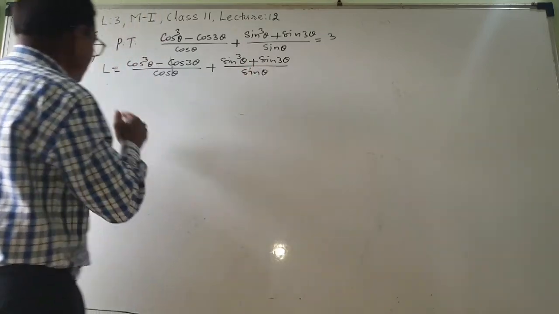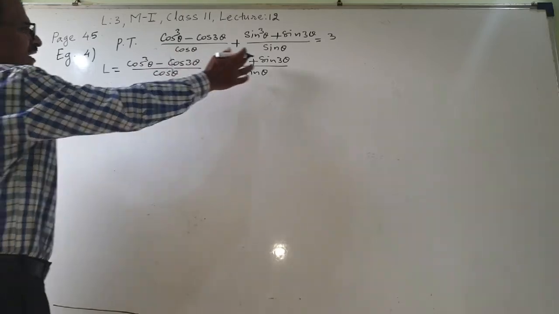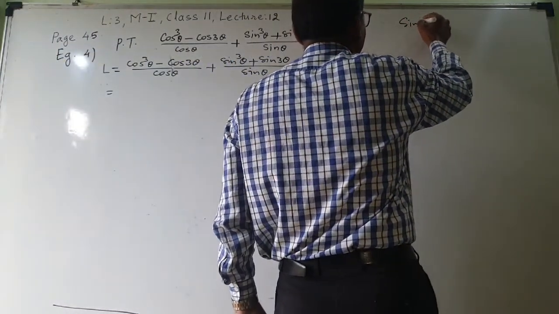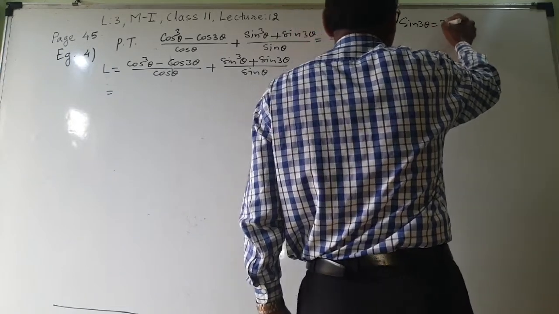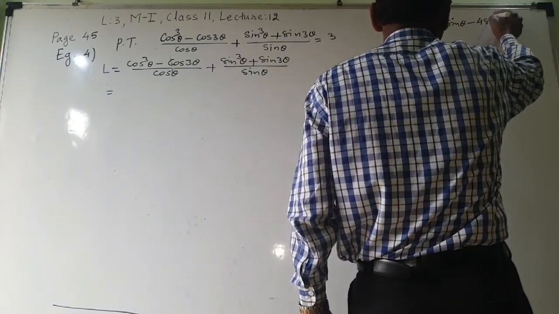This is our LHS. That is equal to, now this is cos 3 theta and this is sin 3 theta. The expansion formula for sin 3 theta is sin 3 theta equals 3 sin theta minus 4 sin cube theta.